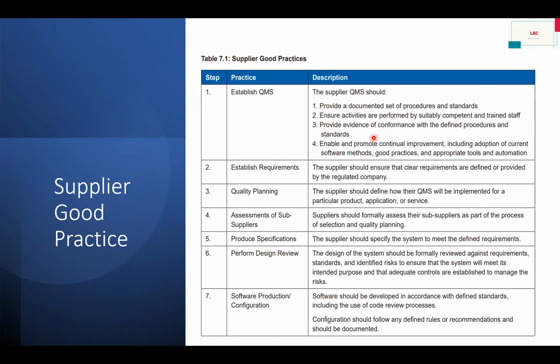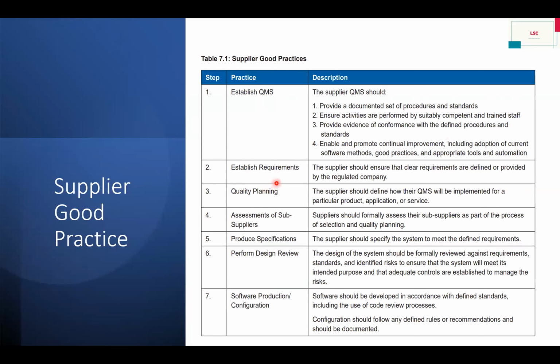Third, provide evidence of conformance with the defined procedures and standards. Fourth, enable and promote continual improvement, including adoption of current software methods, good practice, and appropriate tools and automation. So for the QMS part from the supplier, we can see the QMS with these four points.